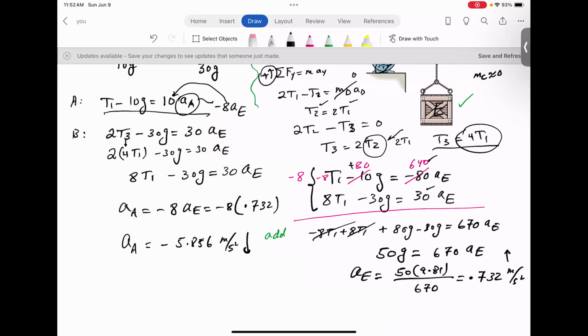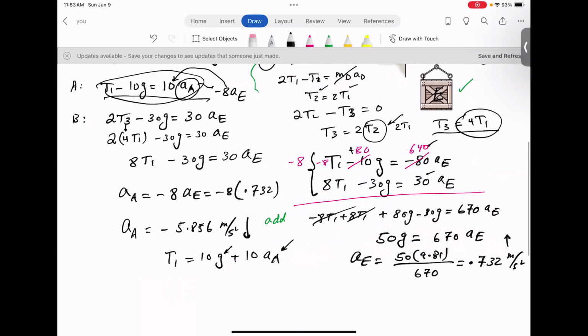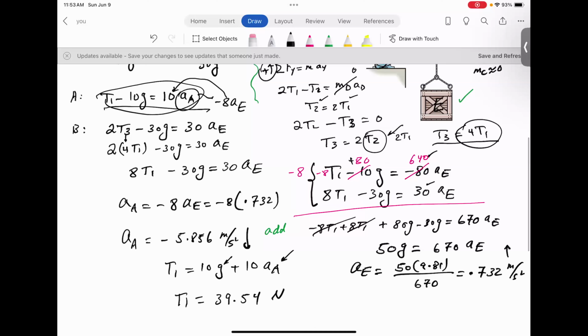And then guys, look, I can go ahead and find T1. Remember T1, you can use this equation if you want. T1 is equal to 10G plus 10 acceleration of A. So if I put acceleration of A here and G is 9.81, T1, let me see, what did I calculate? It's 39.54 newtons. Remember, T2 is twice T1, so T2 becomes twice that.